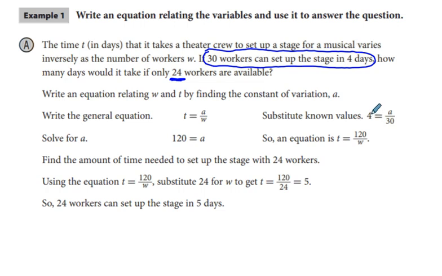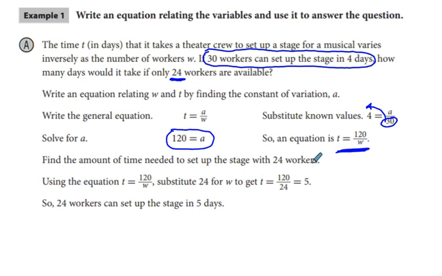So time, which is 4 days, equals our constant of variation over 30. And then if you cross multiply the 30 to the other side of this equation, you're going to get 4 times 30, or 120, is equal to A. So A is our constant of variation. So here's our equation.